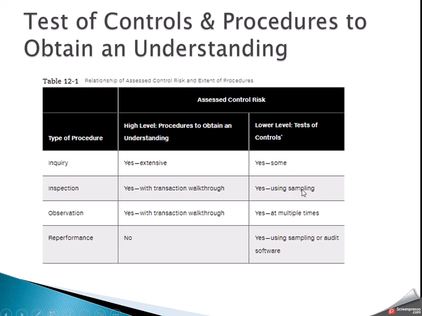So we're sampling the more material transactions. Observation, we're going to observe things at multiple times during the year so that we're comfortable with that. And then we would do a reperformance using our audit software. So there's going to be more tests if we have a lower level of risk.